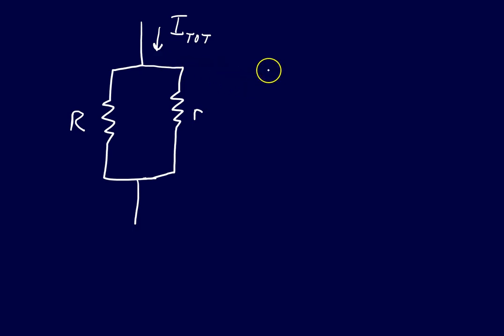So the place we would start first is to find the equivalent resistance. We did this in class, but I'll do it again. So 1 over R equivalent equals 1 over little r plus 1 over big R, since these are two resistors in parallel. The fastest way to solve for this is to make a common denominator.